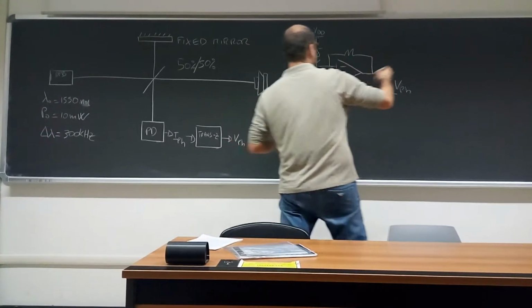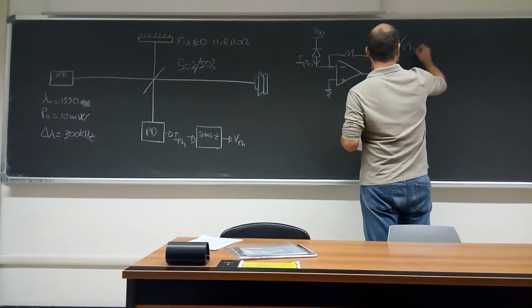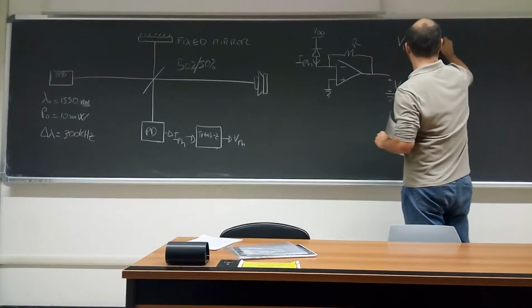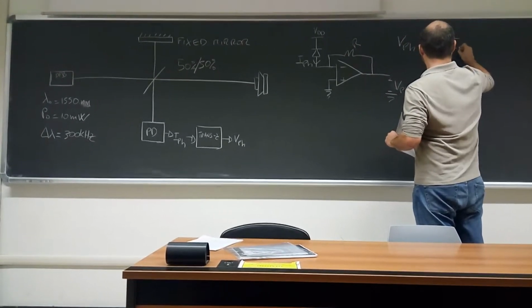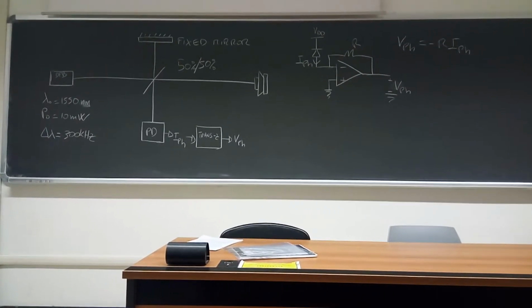And in this condition, the photodetected voltage is equal to minus R multiplied by I_ph.